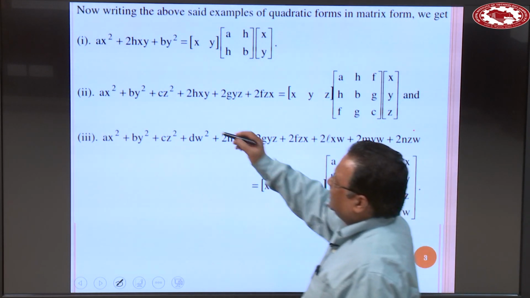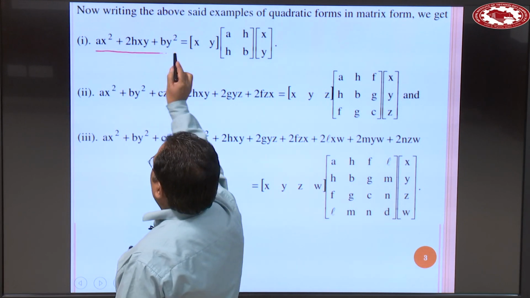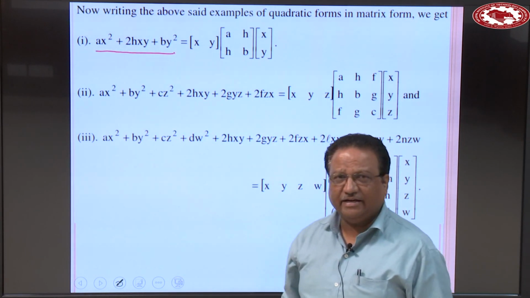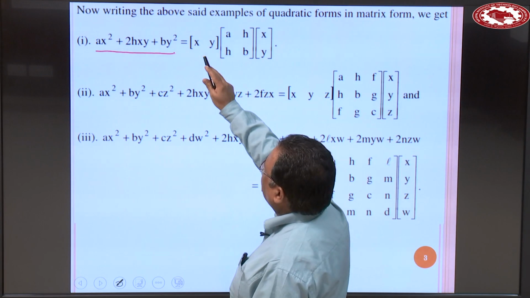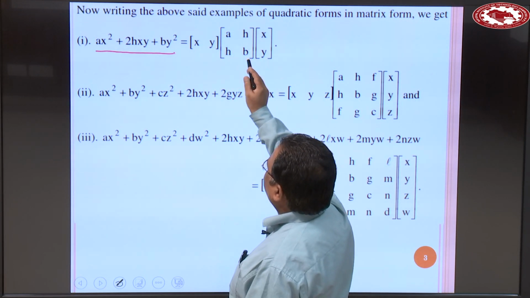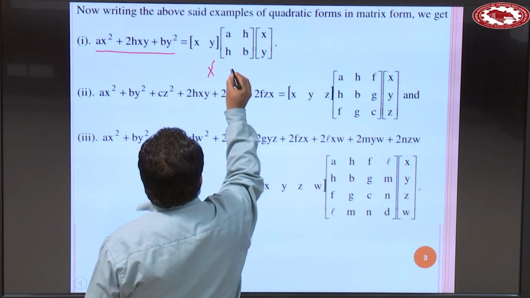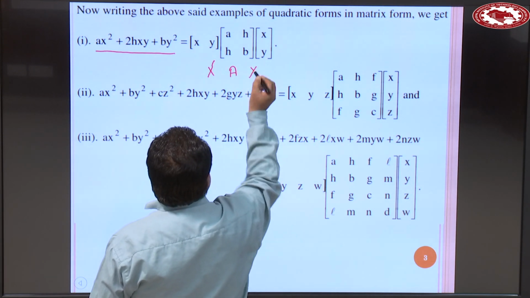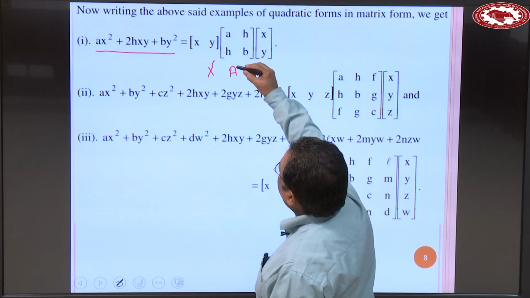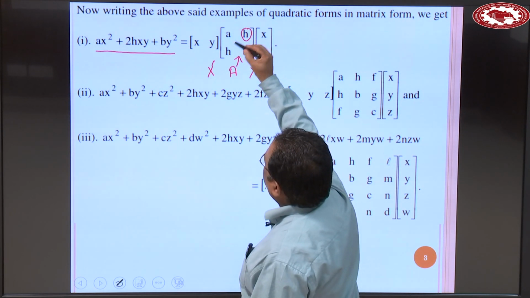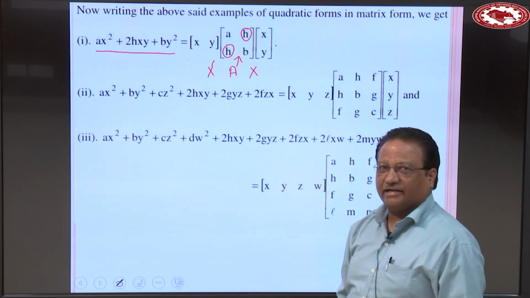Now, see, we have this quadratic form as we discussed in the previous slide. Now, this can be written as x y, then a h, h b, then x and y. This means this one is x dash, this one is A, and this one is x. So, A is a symmetric matrix.